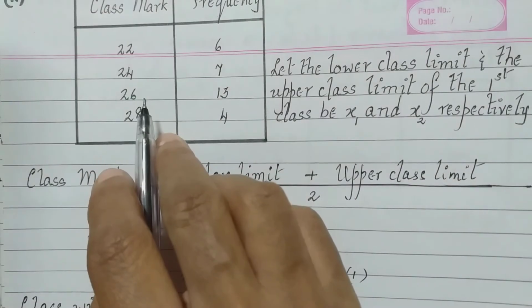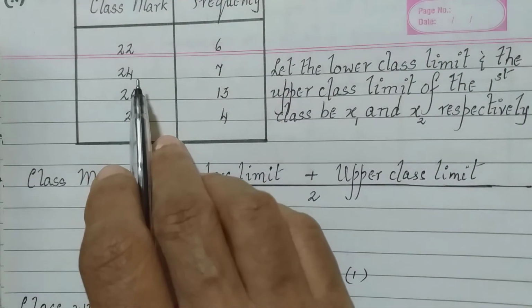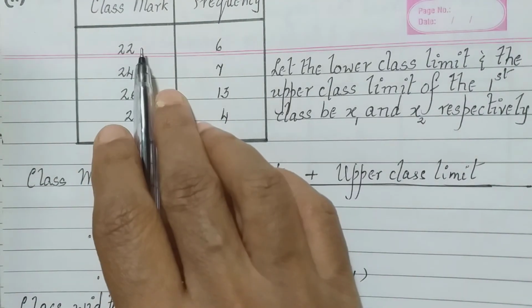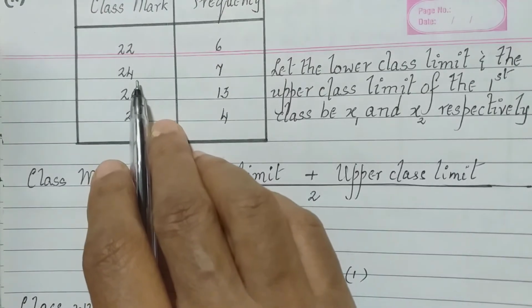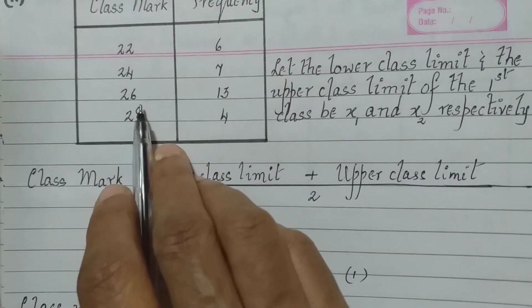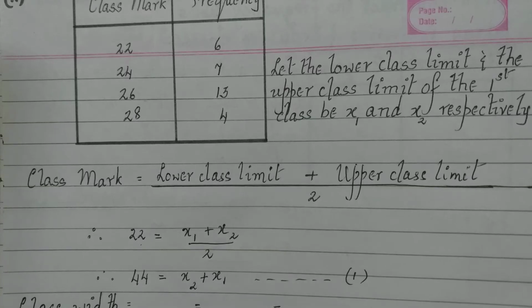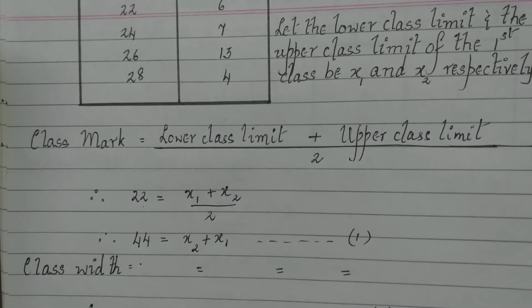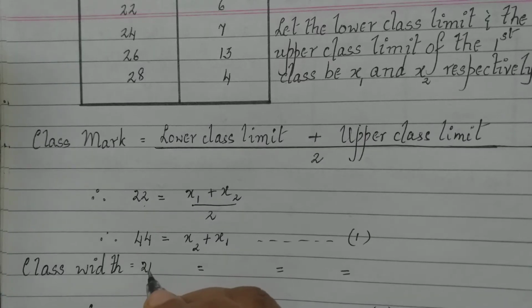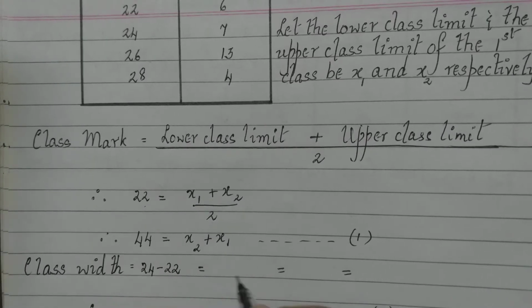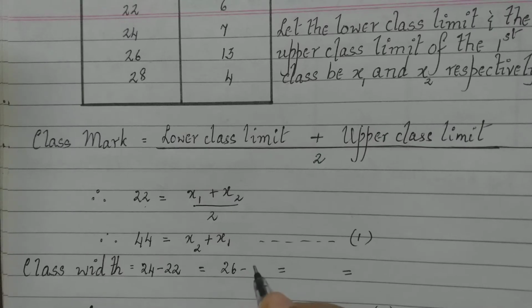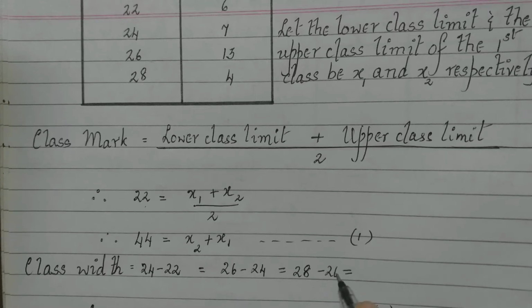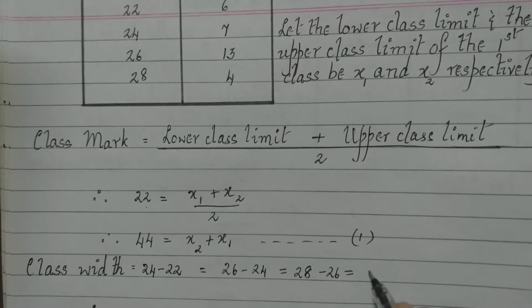Now to find the class width, I said it is the class mark minus the previous class mark, that is 24 minus 22, or 26 minus 24, or 28 minus 26. In each case, when I subtract, I get the answer 2.